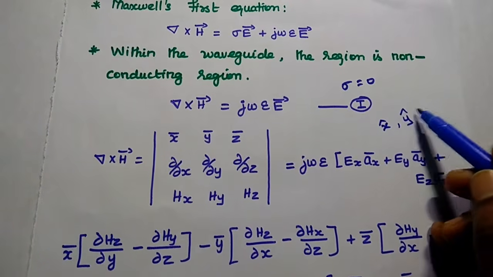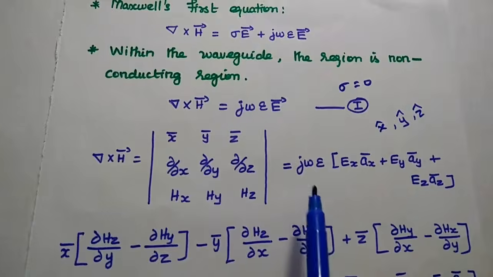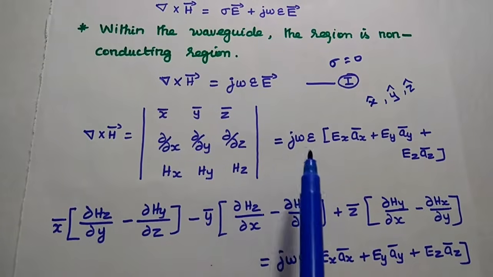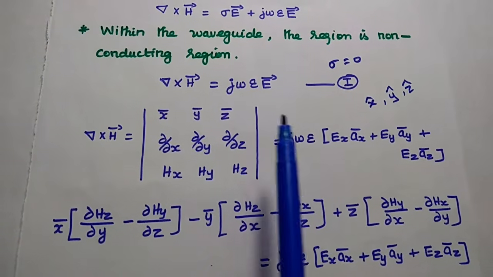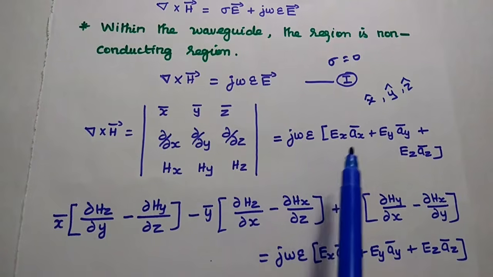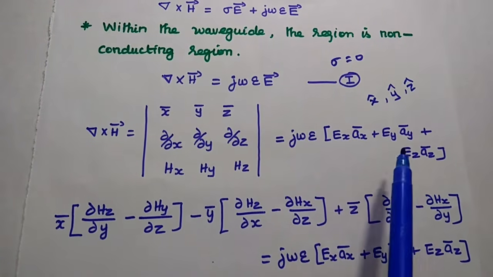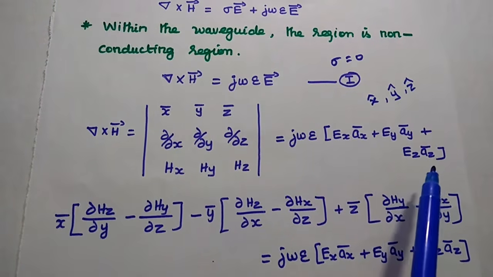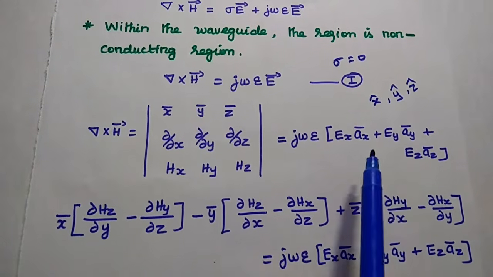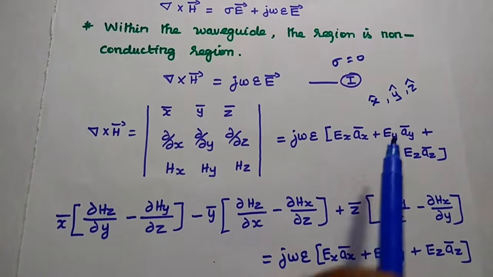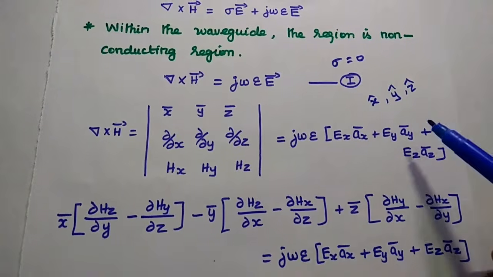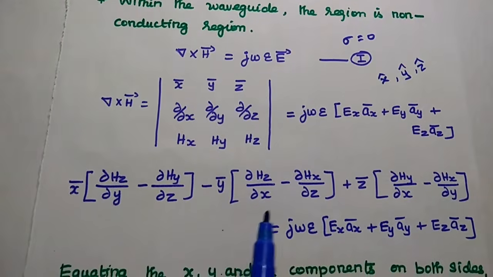On the right side, the term becomes j omega epsilon times the E vector, which can be written as Ex ax bar plus Ey ay bar plus Ez az bar. Here ax, ay, az are nothing but the directional coefficients.